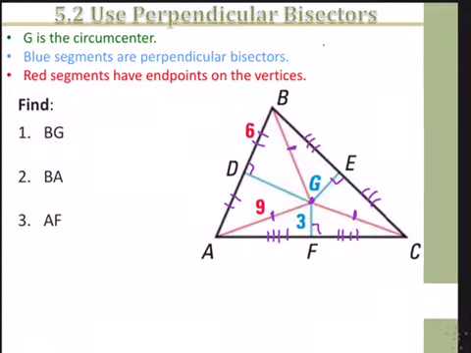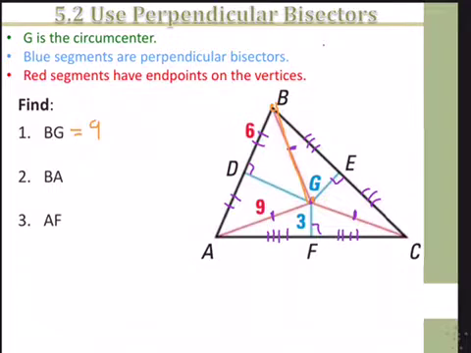Let's go with orange, yeah. So, for BG, we don't have many clues to figure out what it's equal to, except for the fact that it's congruent to the other two red segments. GA, for example, is 9, so I guess that means BG is also 9, because G is the same distance away from each of the vertices.